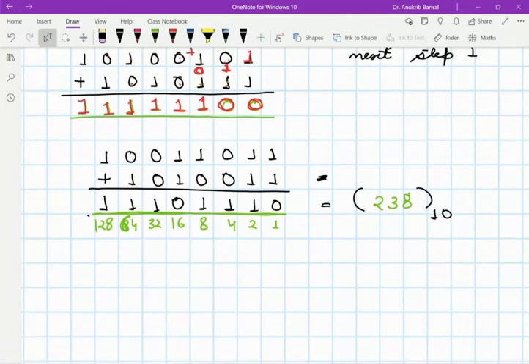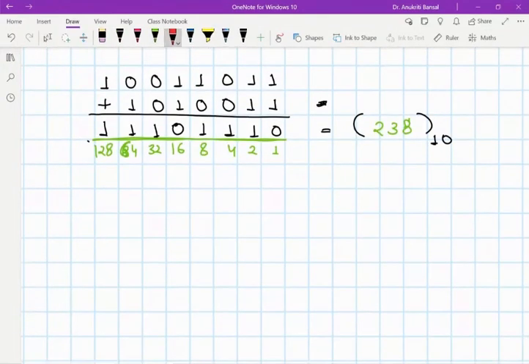Now, till now, we were only discussing positive integer numbers, how to represent them in binary numbers. Now, let's talk about negative integer numbers. And we also call them signed integer numbers. जो positive integer होते हैं, we call them unsigned integers.